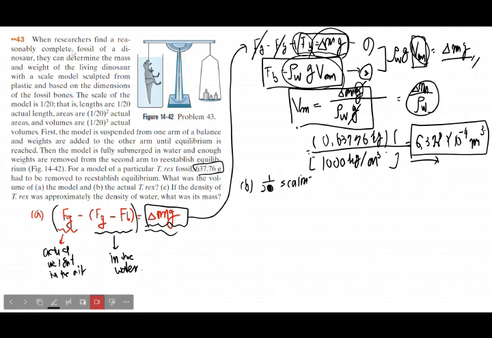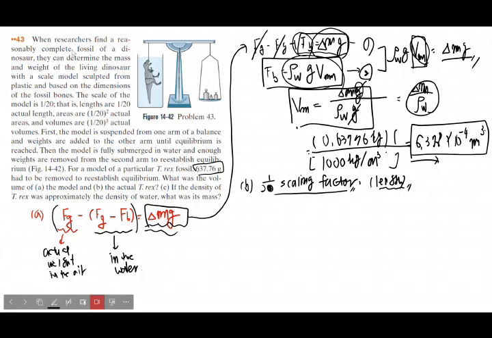This scaling factor is for one dimension, length. To find the volume scaling factor, you just take the cube of this number.